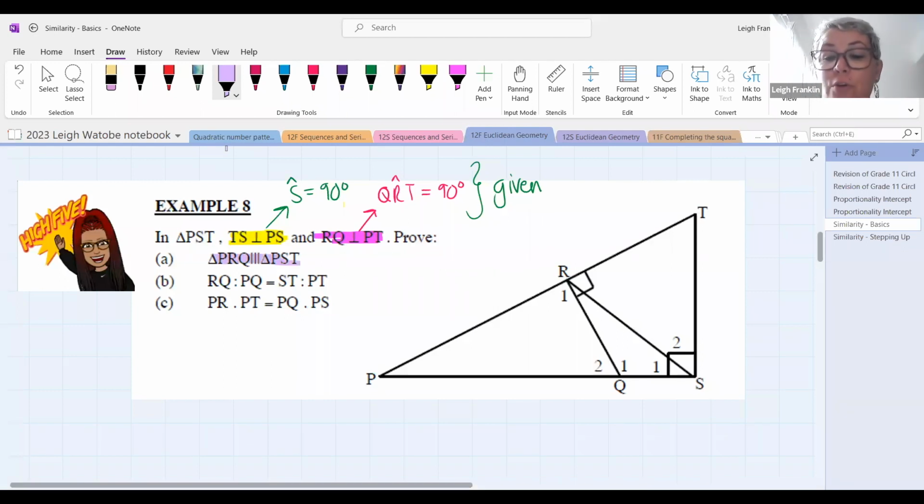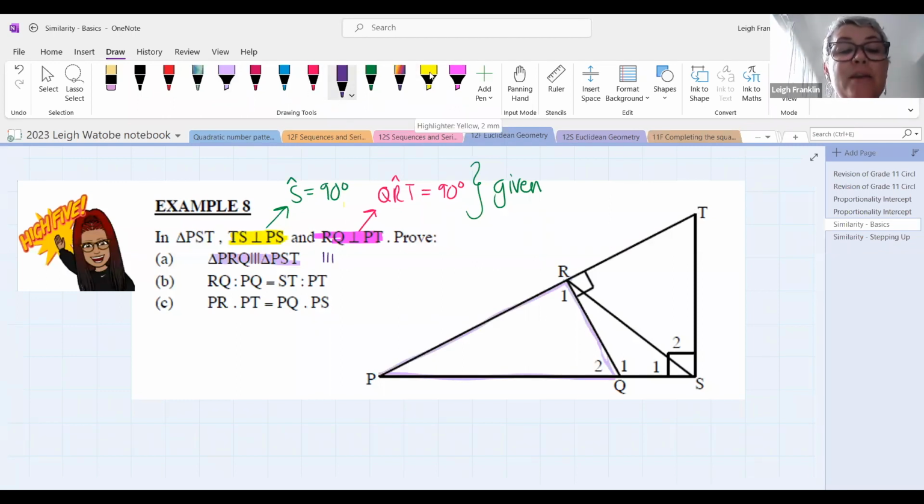So PRQ is this triangle over here. Oh, sorry, it's still a bit skew there. That PRQ is similar. Remember the symbol for similar is three straight lines that sit next to one another, to triangle PST. Okay, so now I'm going to go and highlight PST as well. So PST is this big triangle.